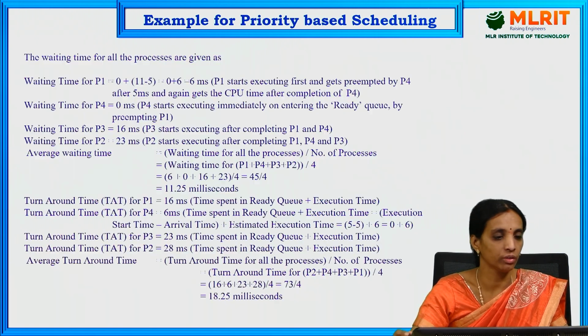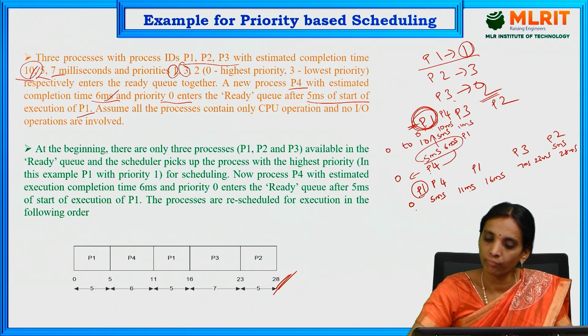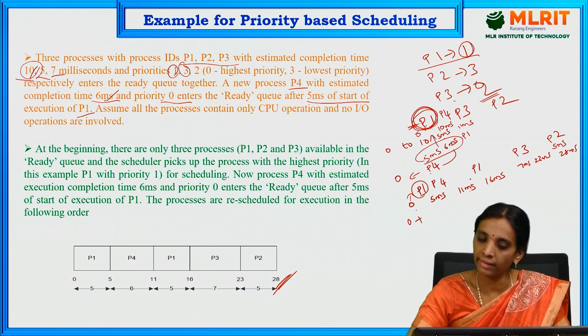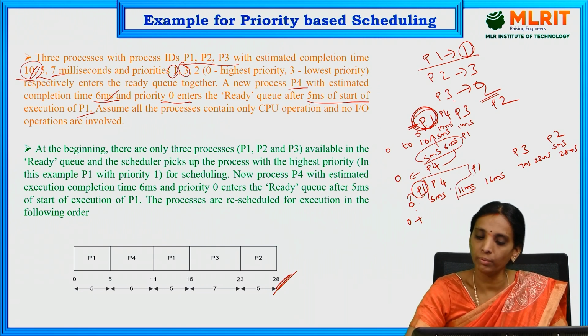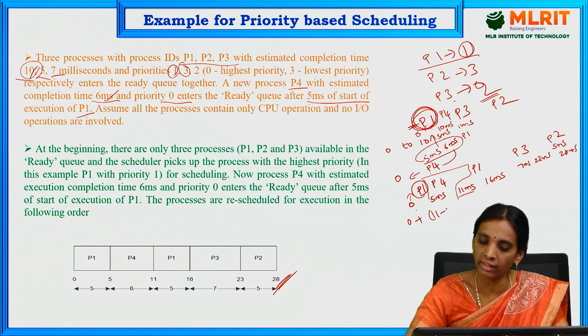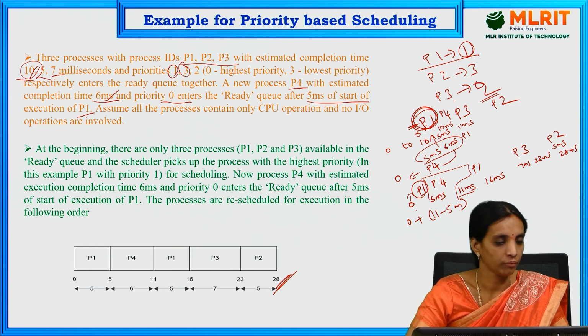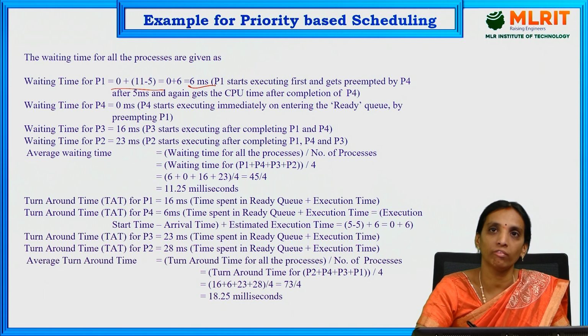So, we will see this. Here the waiting time for P1 is 0 plus, again at 11 milliseconds it enters. So, that means from 5 to 11 P1 is not there, that is 11 minus 5. This is the waiting time for P1. So, 0 plus 11 minus 5 is the P1 waiting time.